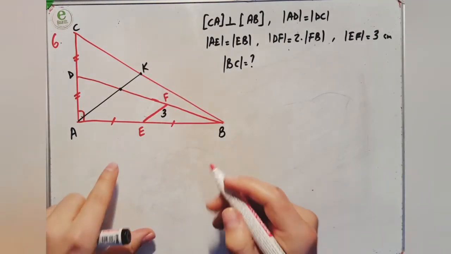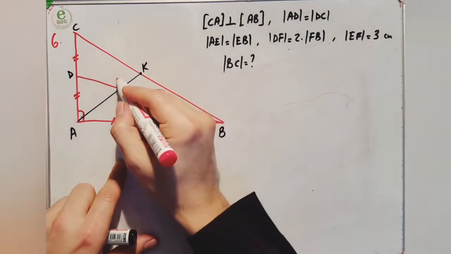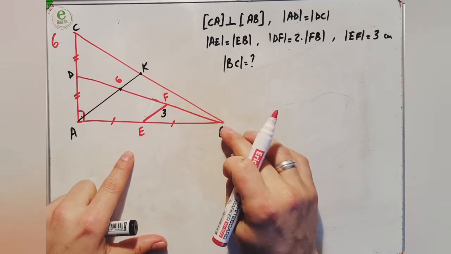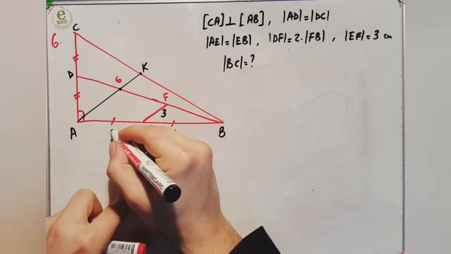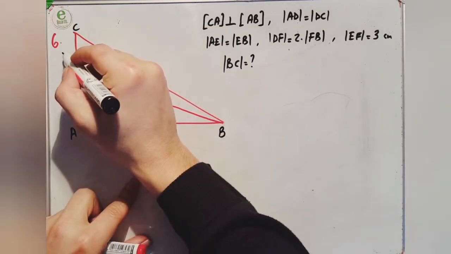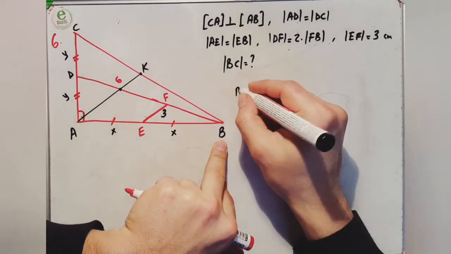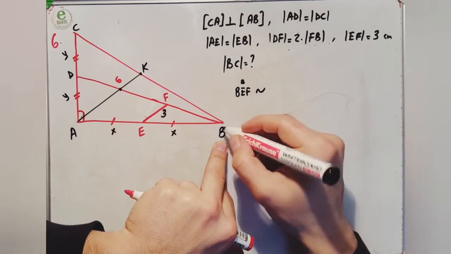Okay, and here, by using similarity, BEF is similar to BAG. So let's say this is X, this is Y, and this is Y. Triangle BEF is similar to triangle BAG.